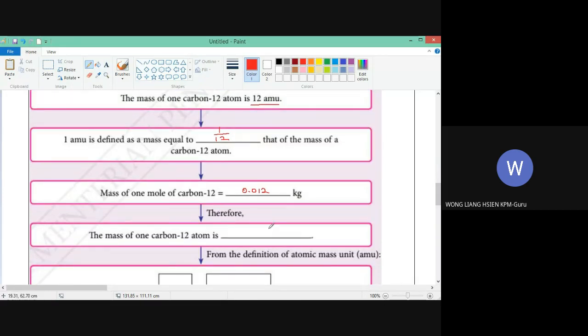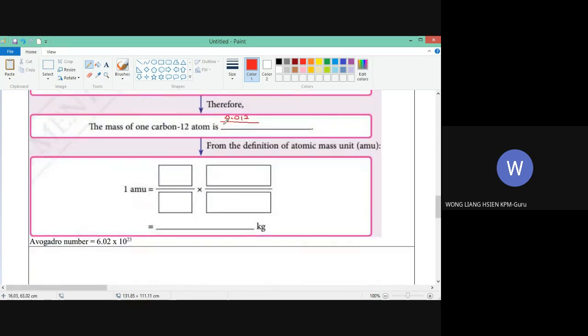So the mass of one carbon-12 atom is 0.012 kilogram divided by 1 mole of atoms, which is 6.02 times 10 to the power of 23.